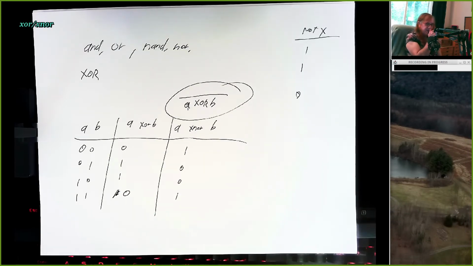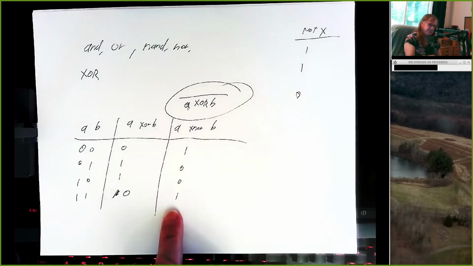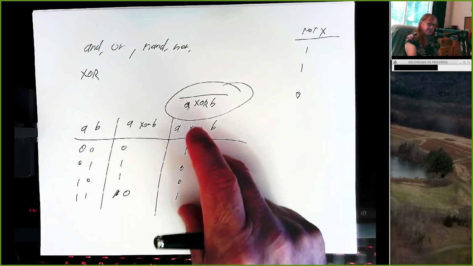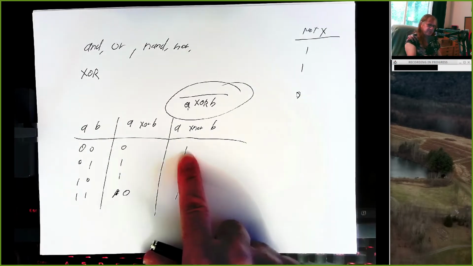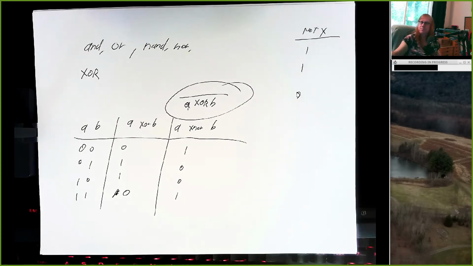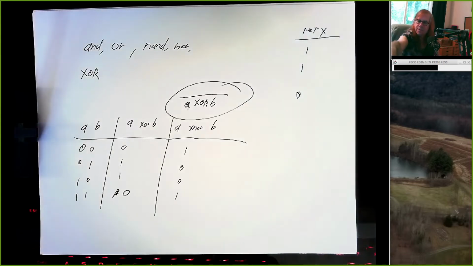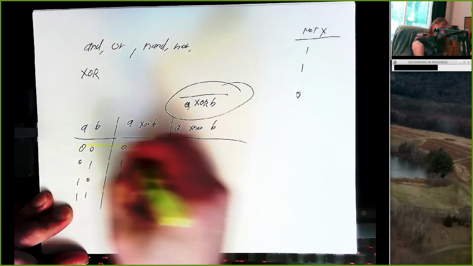If we didn't like that, though, is there some sort of intuitive way we can describe when the xnor is equal to 1, or when it's true? What is this thing actually telling us about the inputs when the output of xnor is a 1? Do we notice something about the inputs? Yeah, both inputs are the same.